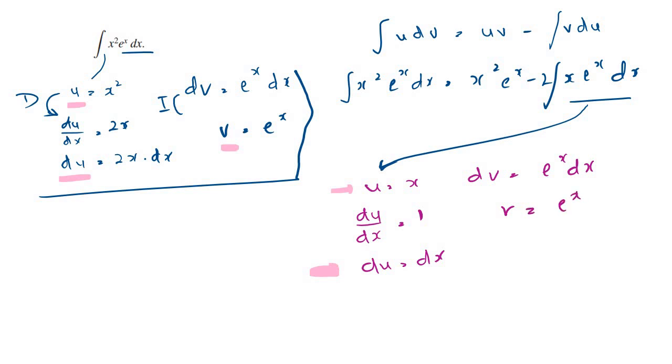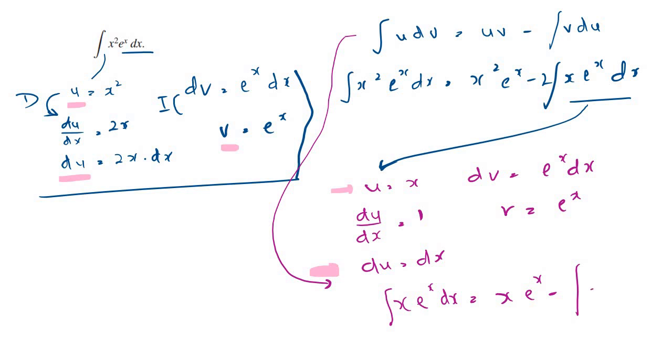Once we have this, we substitute again into this equation right here. We don't have the 2 here, so the integral of x e^x dx is equal to uv, where u is x and v is e to the power x, minus the integral of e to the power x dx.